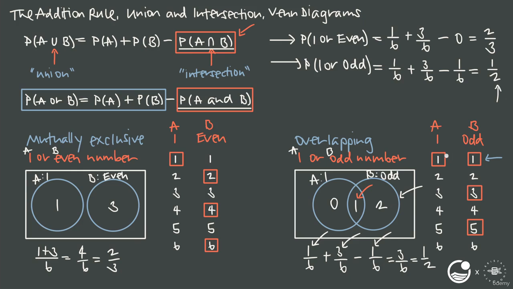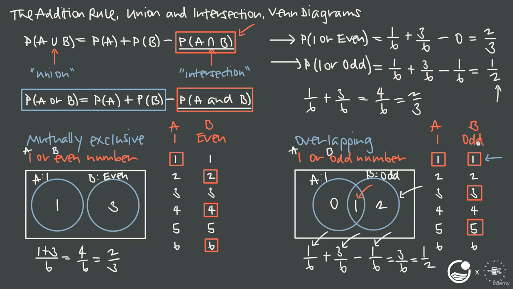Going back to our chart here, if we just say that the probability of event A is 1/6, so this event right here is 1/6, and the probability of event B is 3/6, 1, 2, 3, matching outcomes divided by 6 possible outcomes, so plus 3/6. And we just add those two probabilities together, we get 4/6 or 2/3 or a 67% chance that we get 1 or an odd number.